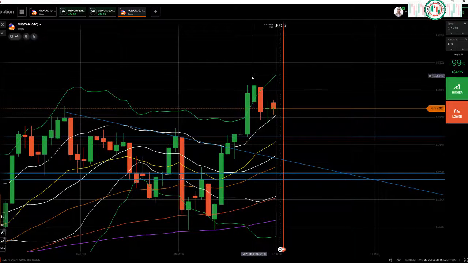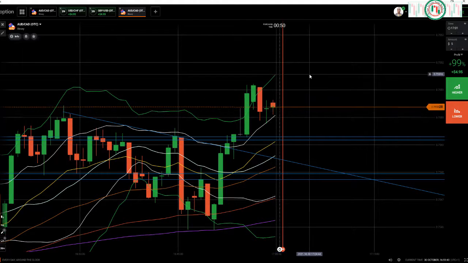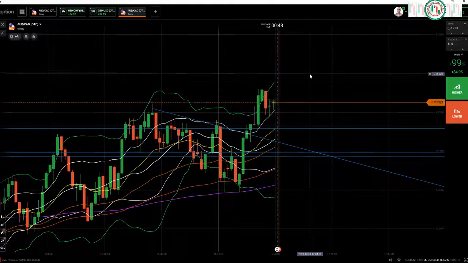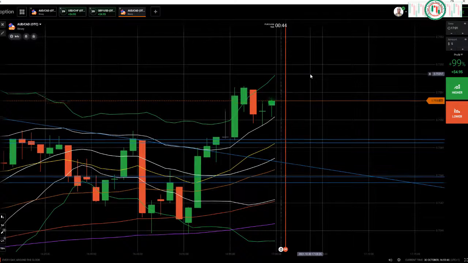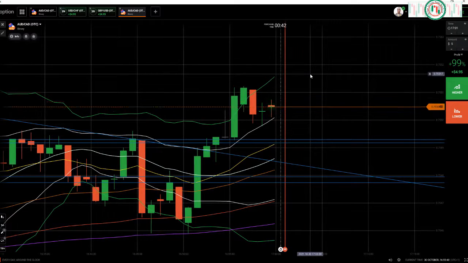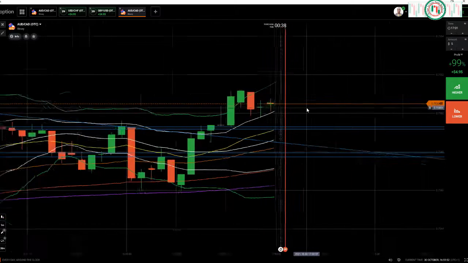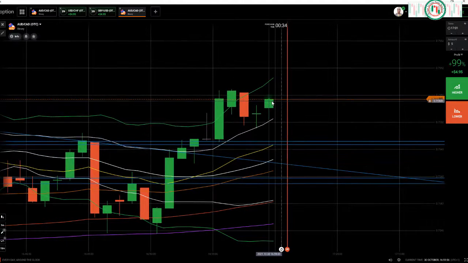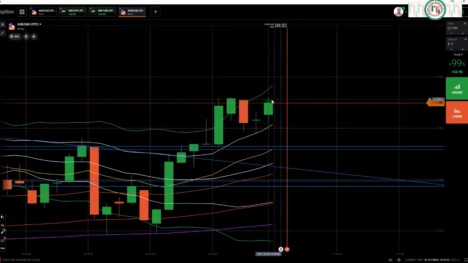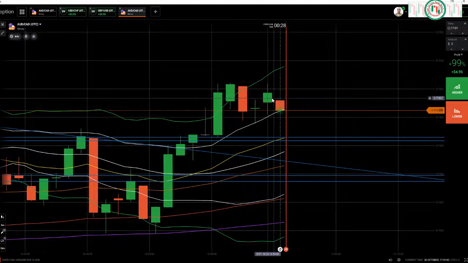Here, gap up. Let's wait for the next candle. Yeah, it's gap up. It is gap down.